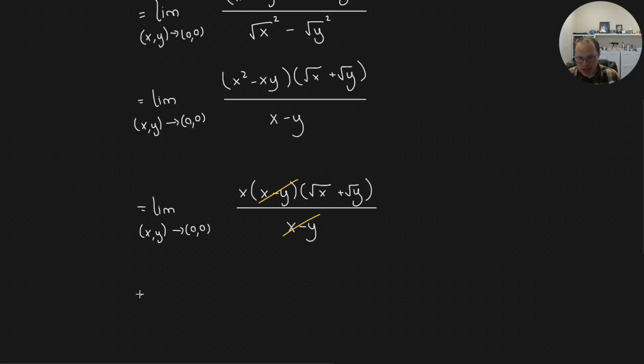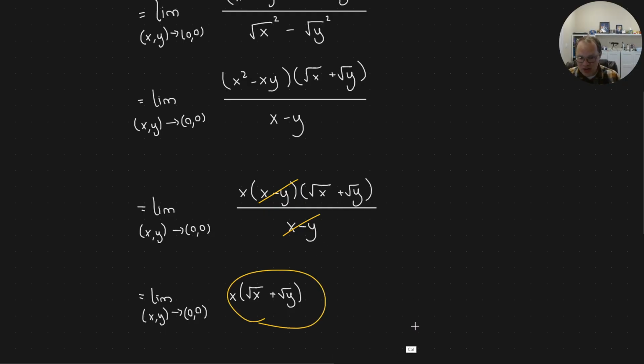So I have replaced my function with a function that is equivalent anywhere close to 0, 0, but continuous at the origin, continuous at 0, 0.